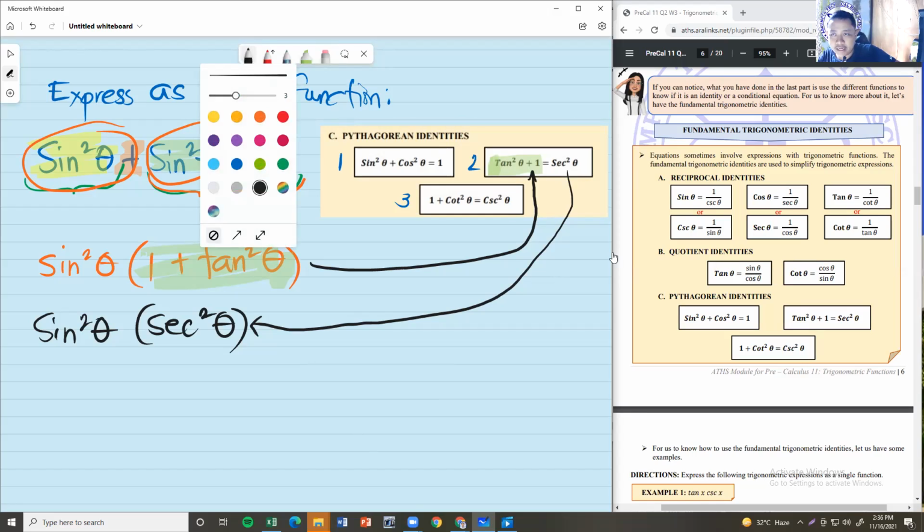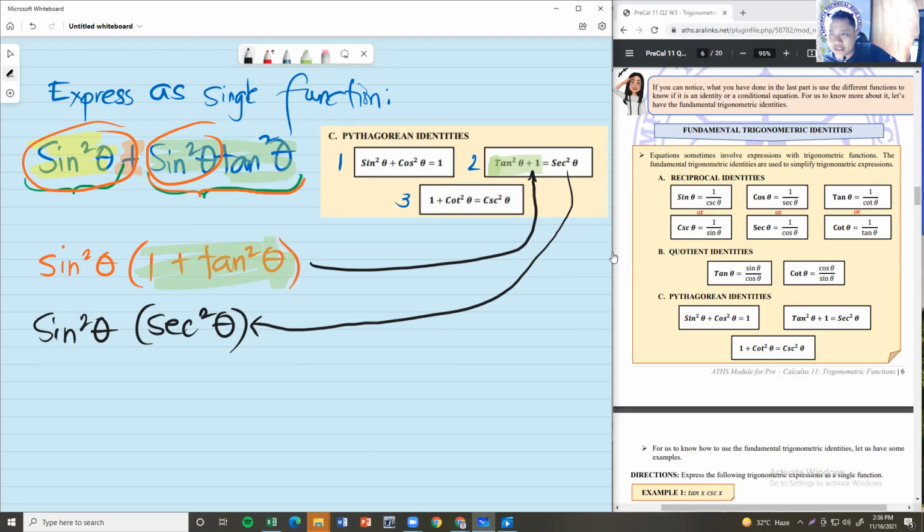Our classmate suggests the Pythagorean identity of sine squared theta to get cosine squared theta, and the reciprocal of secant squared theta. Let's take a look at that. When we use the Pythagorean identities, there is always a plus 1, so we can't just replace it casually. But I can take the other suggestion: the reciprocal of secant squared theta.